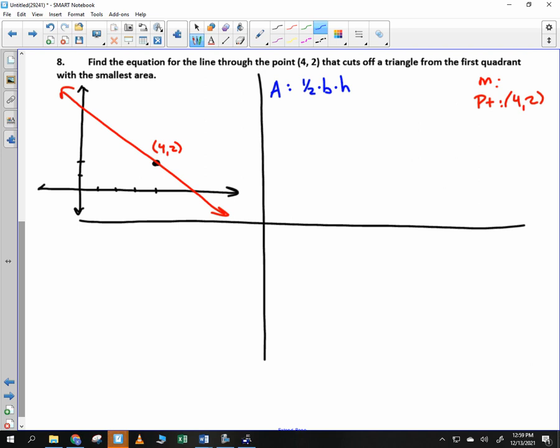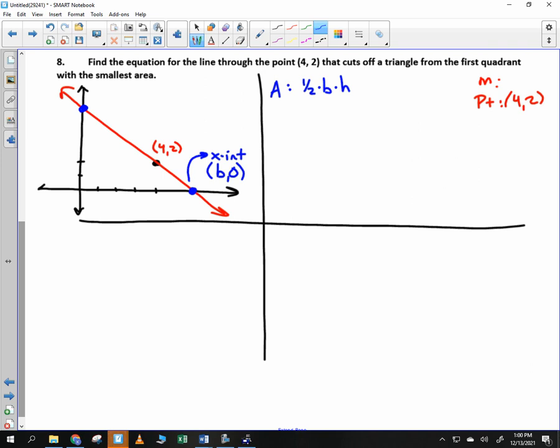So I'm going to make this a coordinate, and this a coordinate. Does everybody agree that this is the x-intercept? I'm going to say that it has an x-intercept of b, whatever the base would be, and then 0 for the y value. You okay with that?